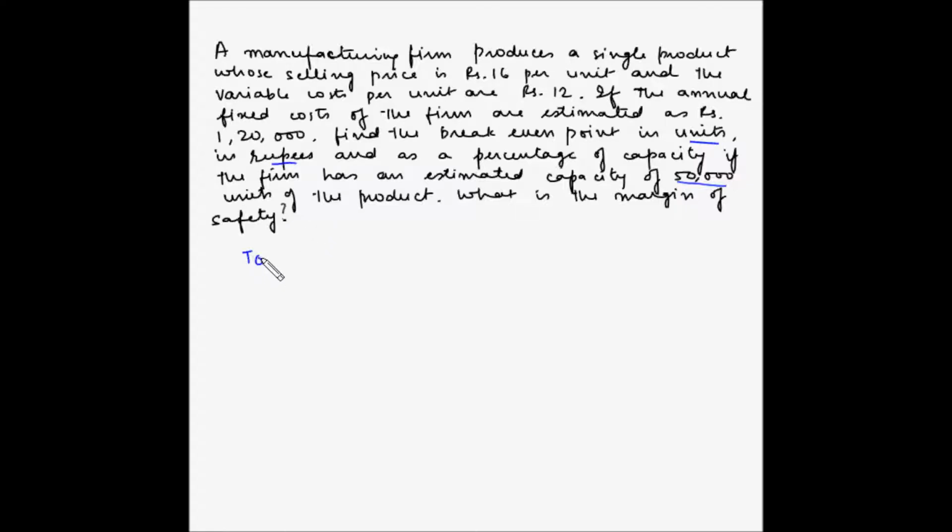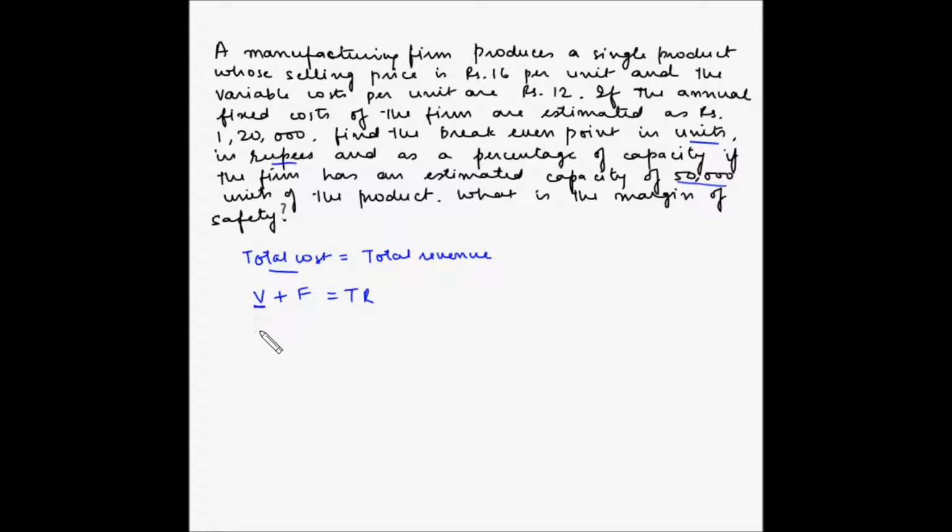So total cost is equal to total revenue. Now the total cost comprises of fixed cost plus variable cost. So this is V plus F. V is for variable cost and F is for fixed cost. And this is equal to total revenue.